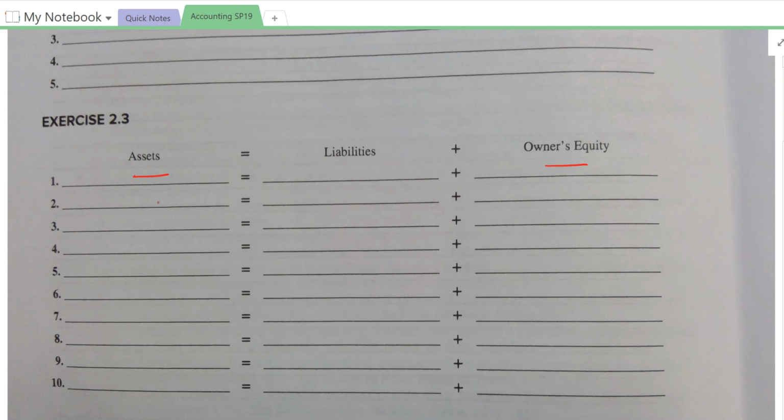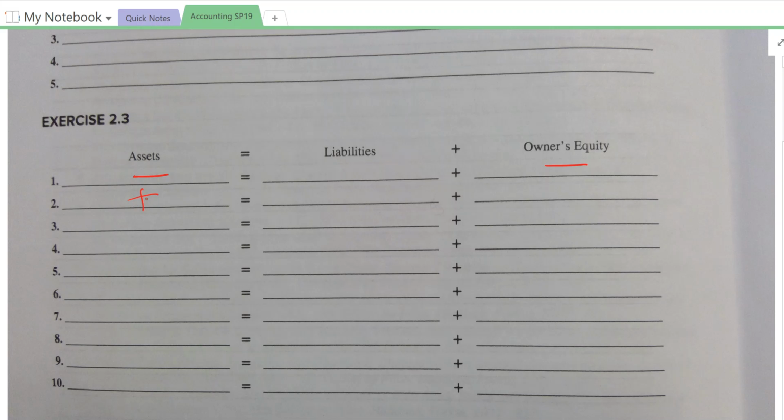We performed our services. So we increased our asset because although they did not pay us, they are going to pay us, and that counts as an asset, accounts receivable. And I like to think of accounts receivable as kind of the same as cash in a way. I know you don't have the money in your pocket yet, but you're going to have it soon.